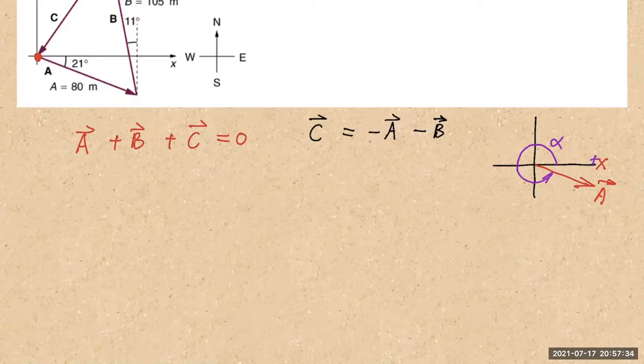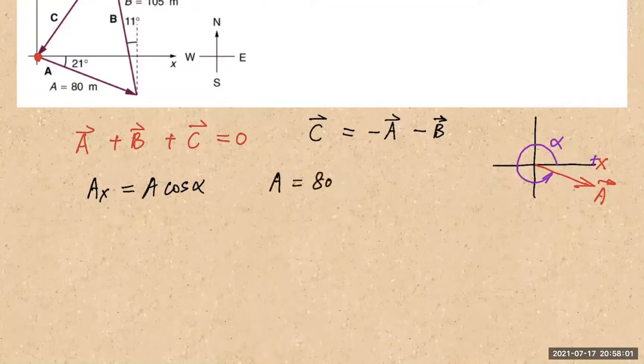Given the magnitude of A and the angle alpha, what is AX and what is AY? AX would be equal to A times cosine alpha. Here, A equals 80 meters.